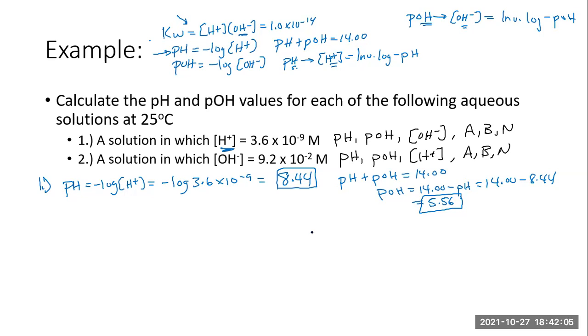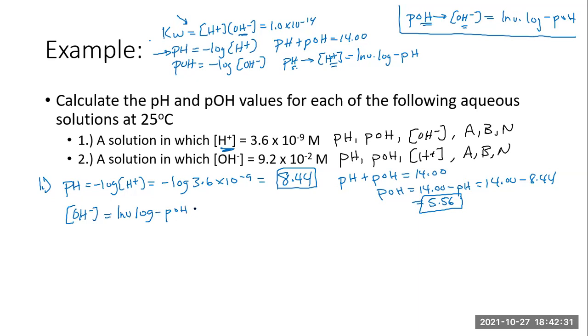Now, again, I still have the option if I wanted to go into the KW to get the OH minus concentration. I'm actually going to get the OH minus concentration using this, so you can again see how that calculation will work. The OH minus will equal the inverse log of the minus pOH.